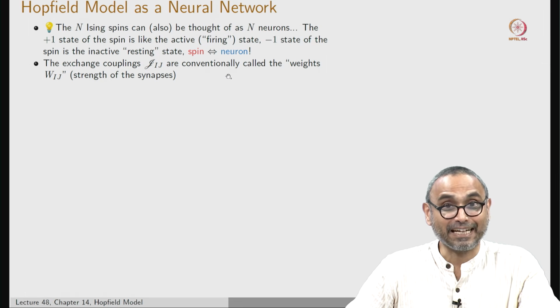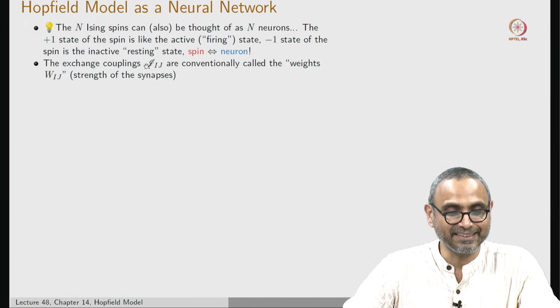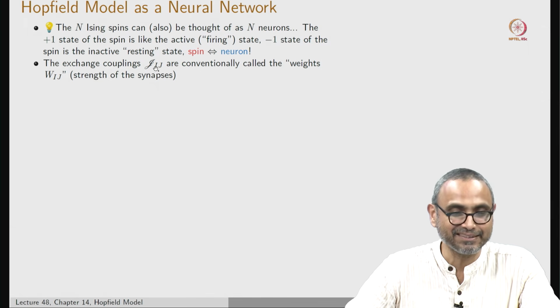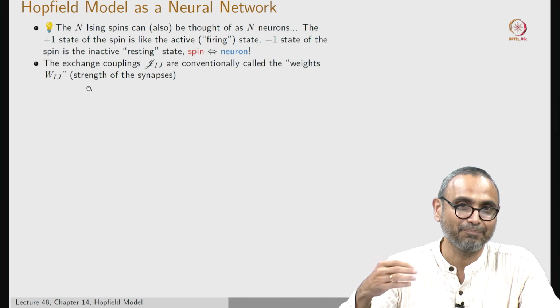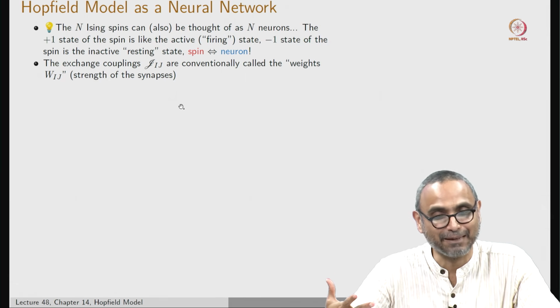If you think of this as a neural network, if you think of these spins as neurons, then in the neural network language, these Jij's are conventionally called the weights connecting the neurons, and these are the strengths of the synapses.